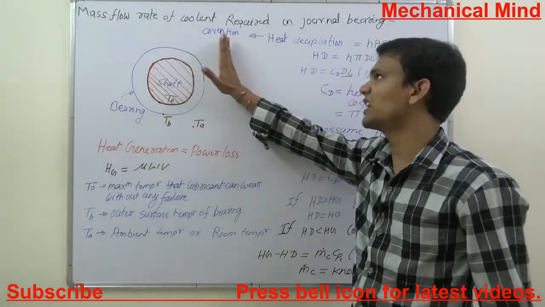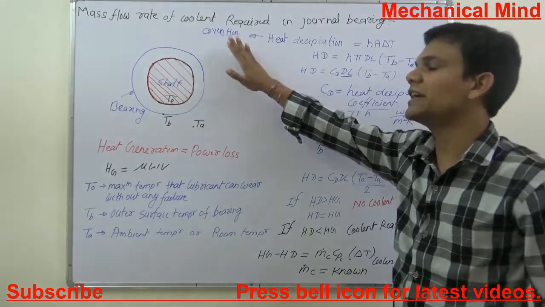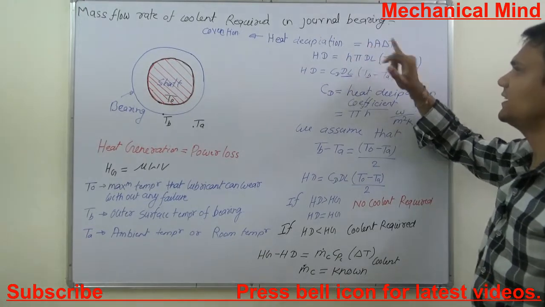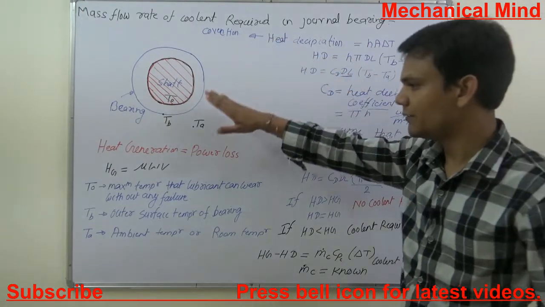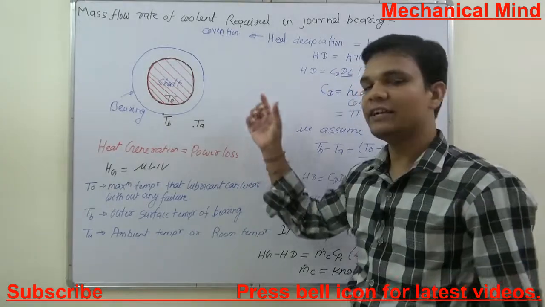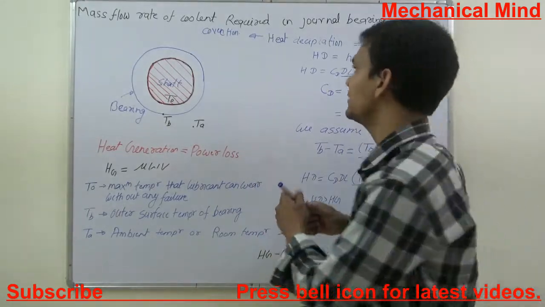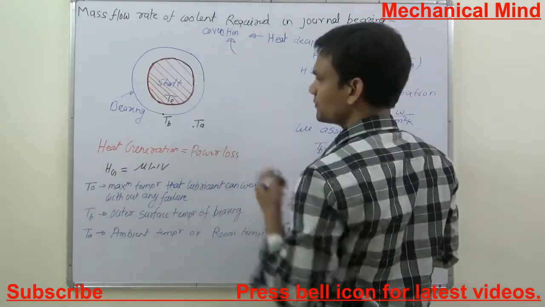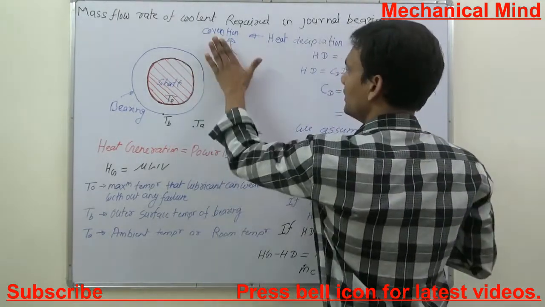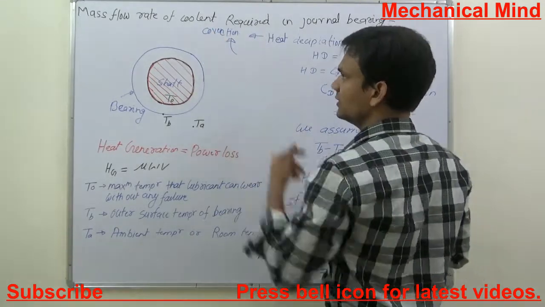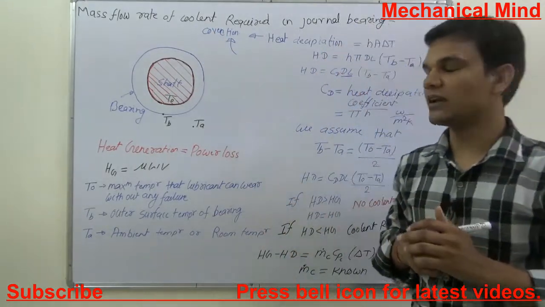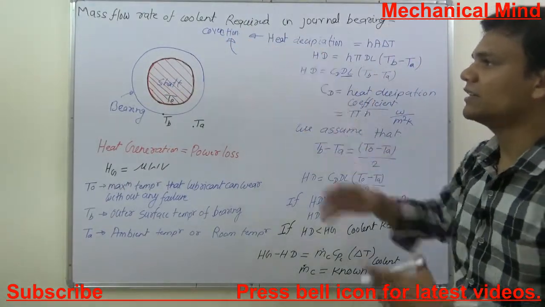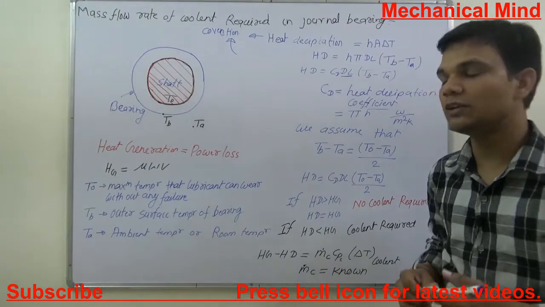So for this we use the convection formula, also known as Newton's law of cooling, which is equal to hAΔT. Here we require the formula in terms of heat dissipation by convection, which is heat transfer by a natural phenomenon. If the heat generation is more than the heat transfer by convection, then we use coolant.